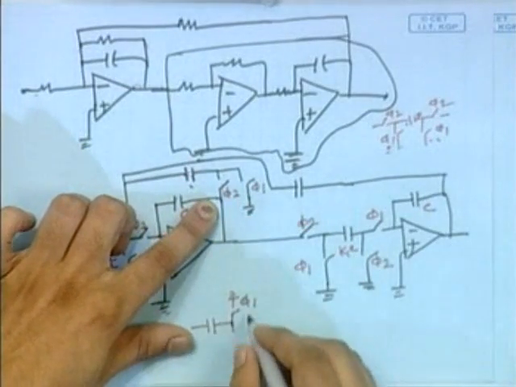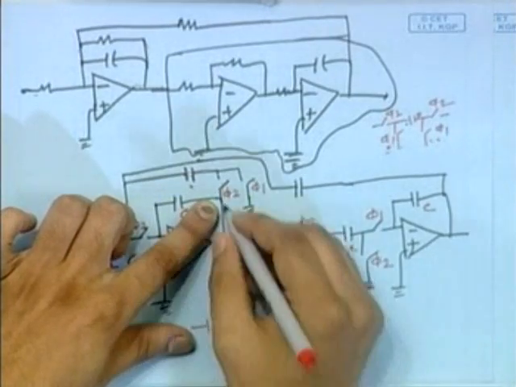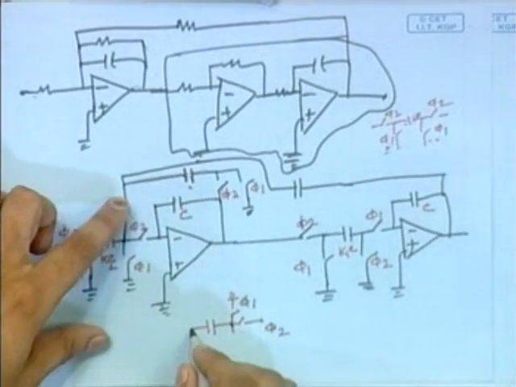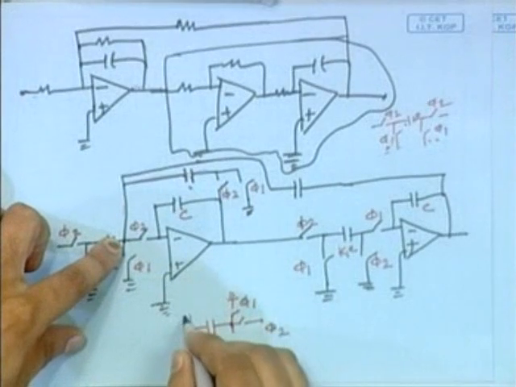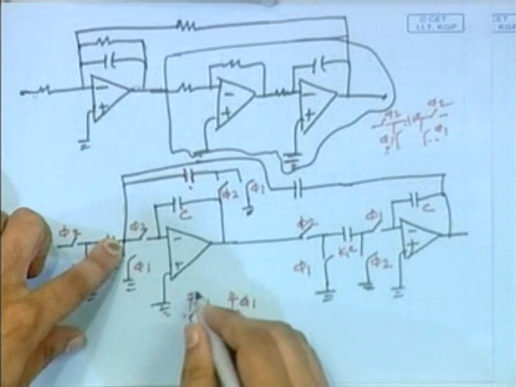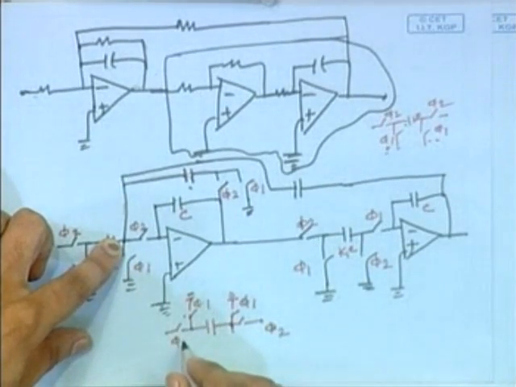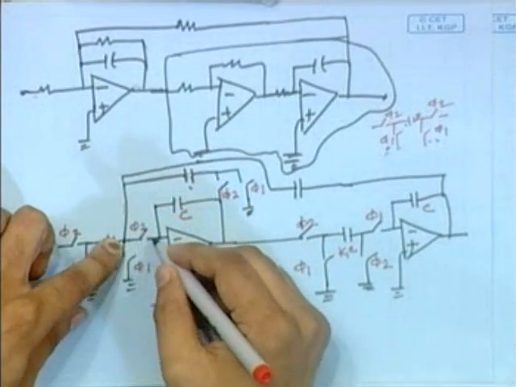Now this is equal to phi 2, and here this side, this is phi 1 grounded, this is phi 1 grounded, and this is phi 2. Actually we are minimizing the switch.